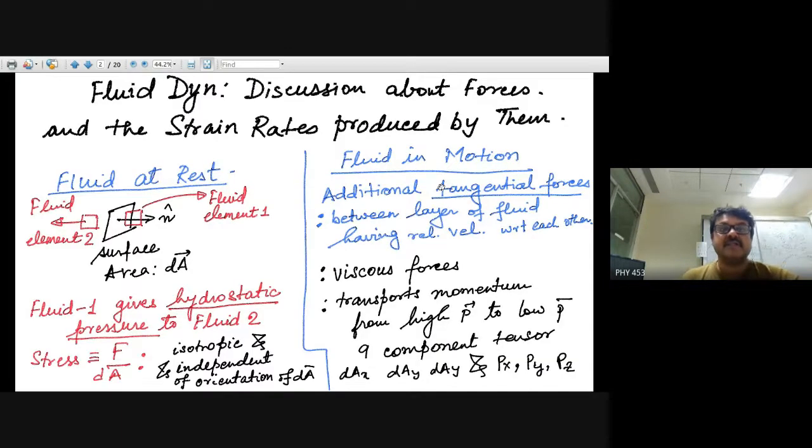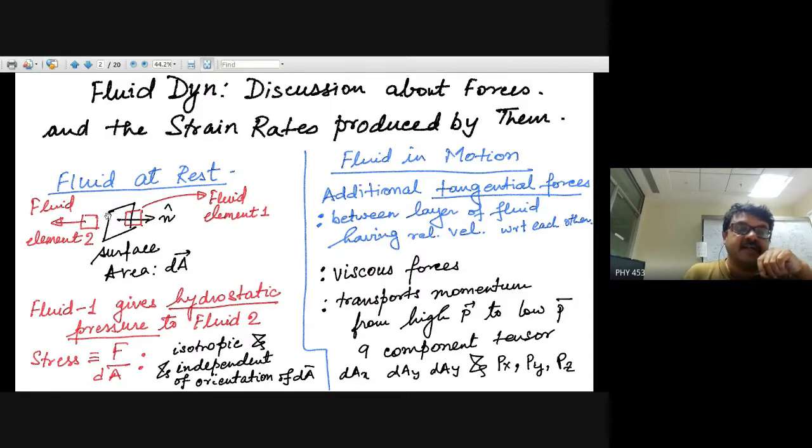To start off, just to repeat, fluid dynamics is the discussion of forces and the strain rates produced as a consequence of forces acting on fluid. So first we discuss fluid at rest. Suppose this is a certain surface area within the fluid.